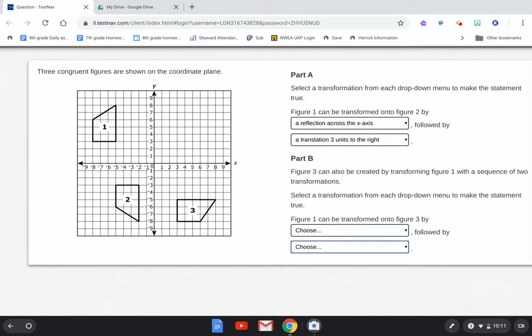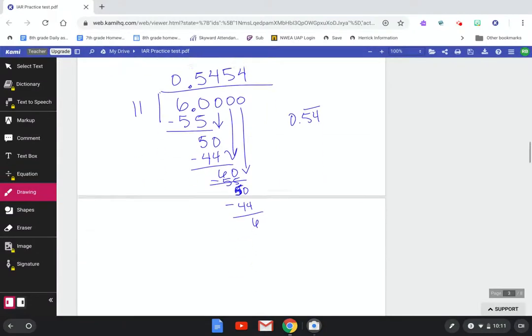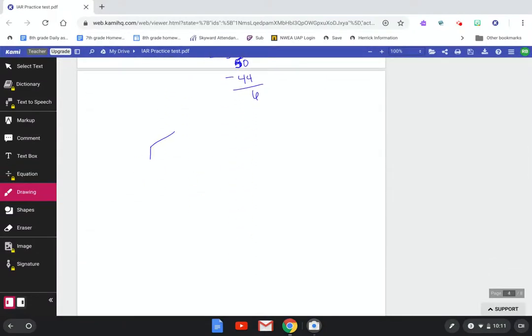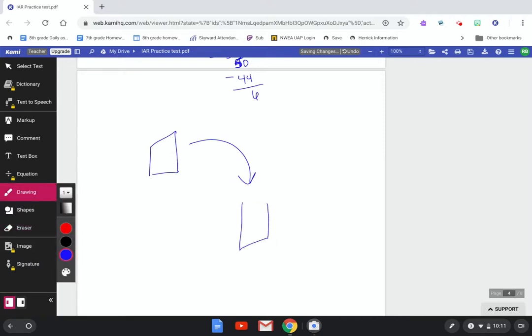If I were going to rotate this figure 180 degrees, let me bring this up. If I have a figure that looks like this, and I rotate it 180 degrees, it's going to look like this. Okay, nope, I lied. It'll go like that. Okay, so that's great.